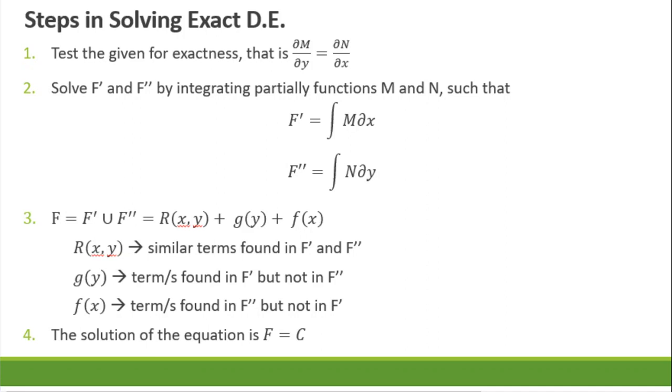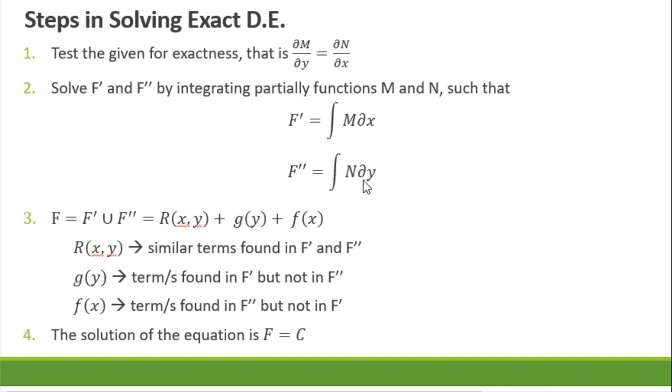So the second step is to solve for f' and f''. What is f' and what is f''? So f' is your partial integral, or the integral of your M with respect to x. And your f'' is the integral of your function N with respect to y.